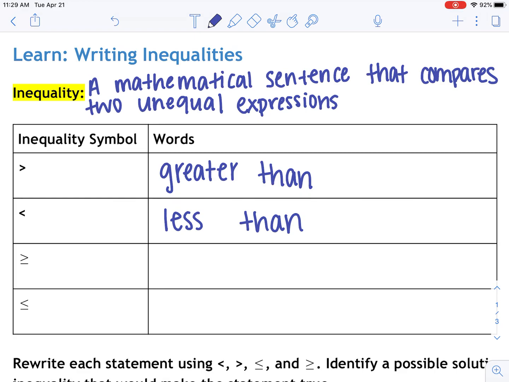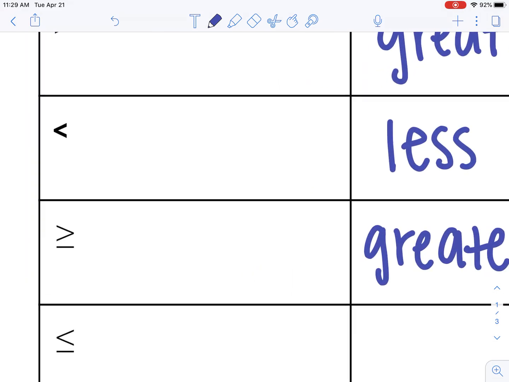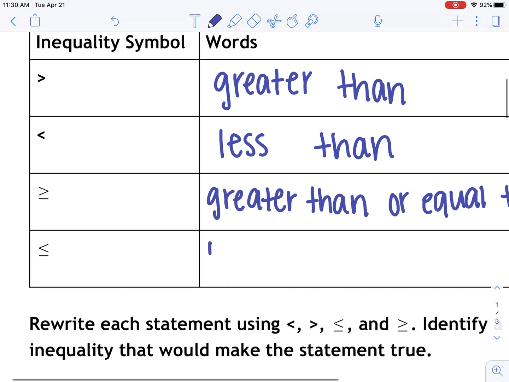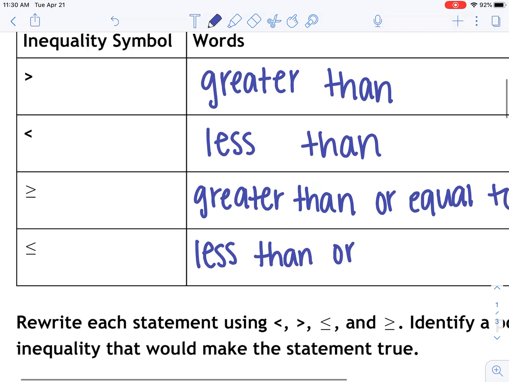Our next symbol looks similar to our first one in that it's greater than, but if we see it's got this line below our symbol, so that means that it's greater than or equal to a number. Okay, and similarly, that last symbol that we see is just like less than, but it has that line underneath, so that means that it's less than or equal to.